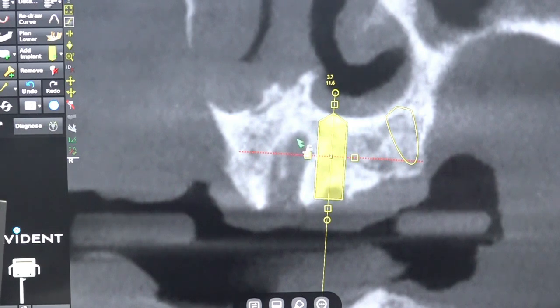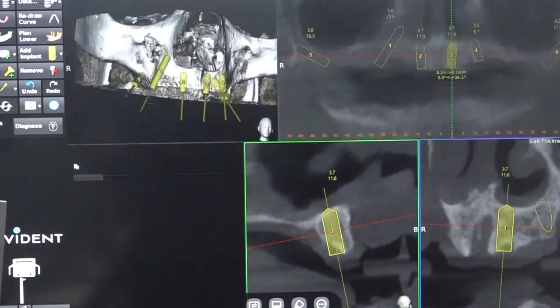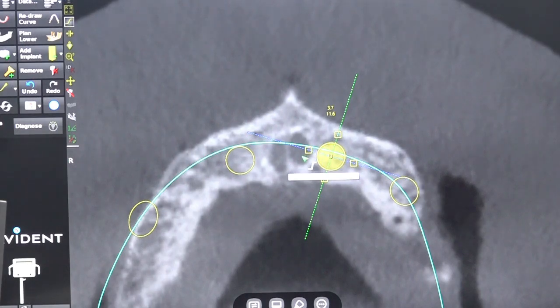This is the nasopalatine canal. This is the nasal spine, nasal floor, inferior concha. So the plan is simple. Once you open the flap, identify the nasopalatine foramen, then just lateral to the nasopalatine foramen, drill bilaterally.